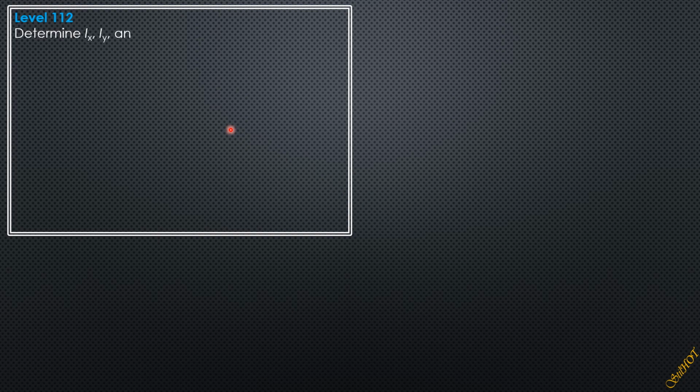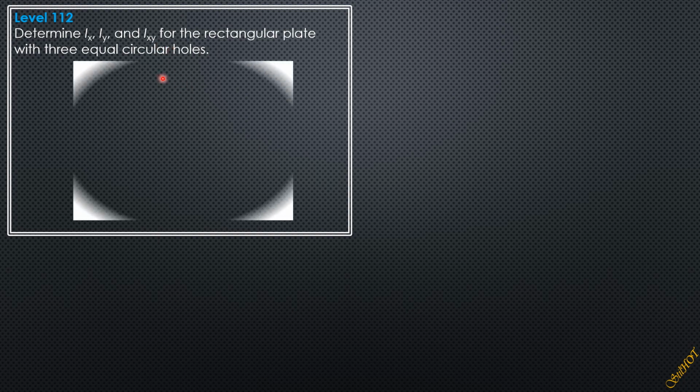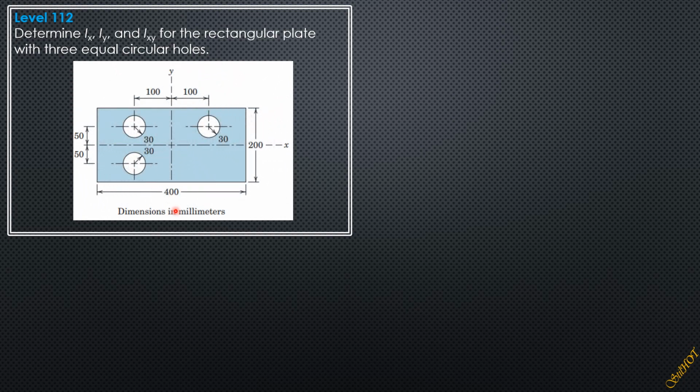Problem 112: determine Ix, Iy, and the product of inertia Ixy for the rectangular plate with three equal circular holes. So here is the figure. For Ix, we have Ix of the rectangle with respect to the x-axis, and the x-axis is the centroidal axis of the rectangle.